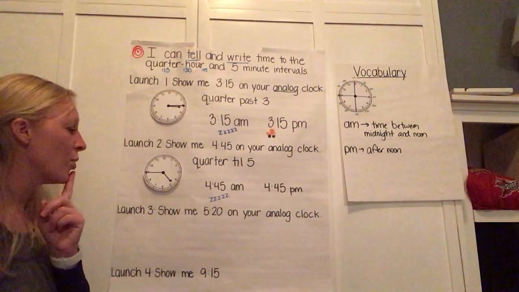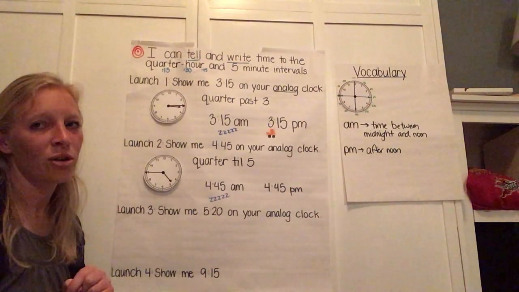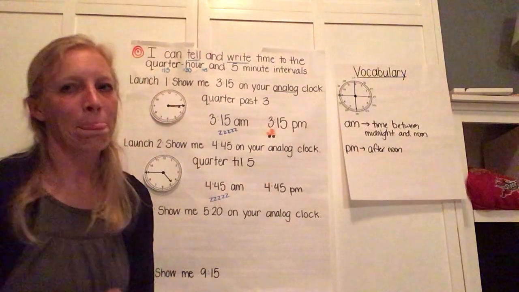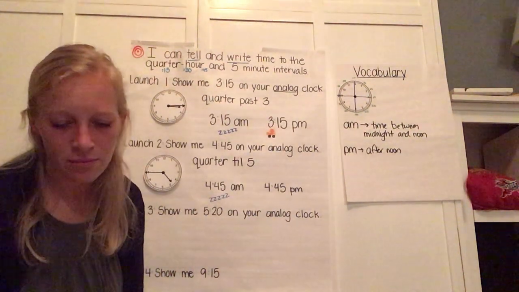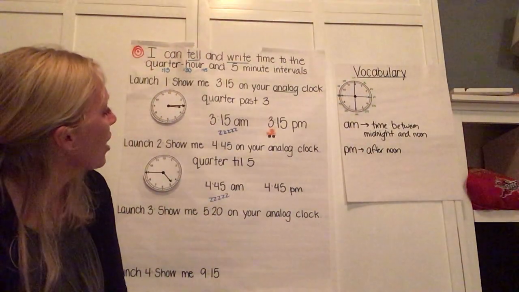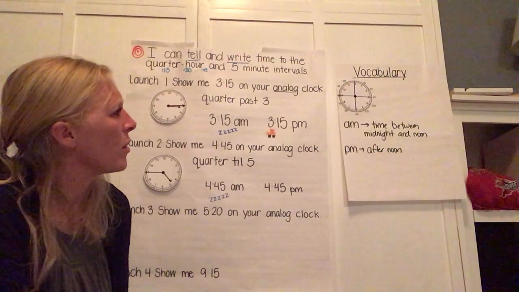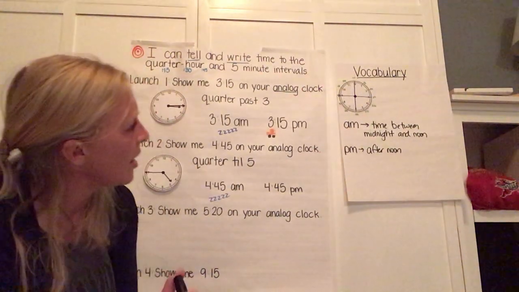Ooh, you're going to show me 5:20 on your analog clock. Where is 5:20 going to go? Where is your hour hand going to be? Where's your minute hand going to be? Where'd you put your minute hand?